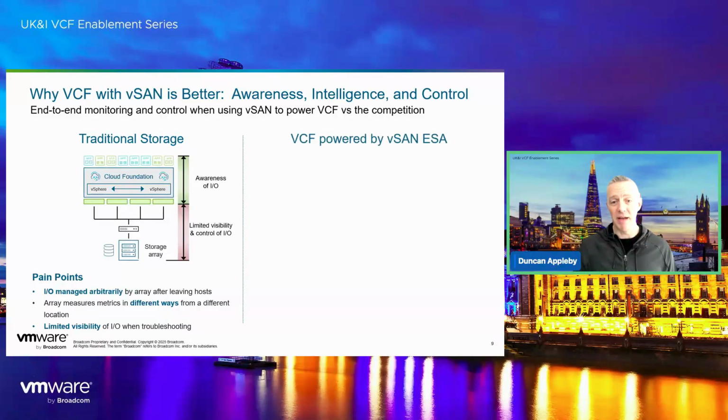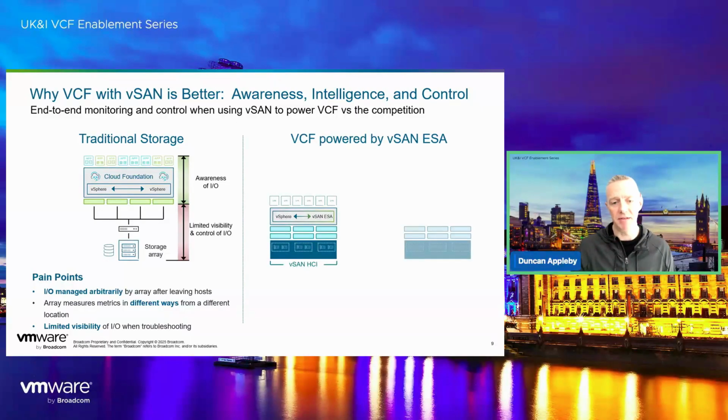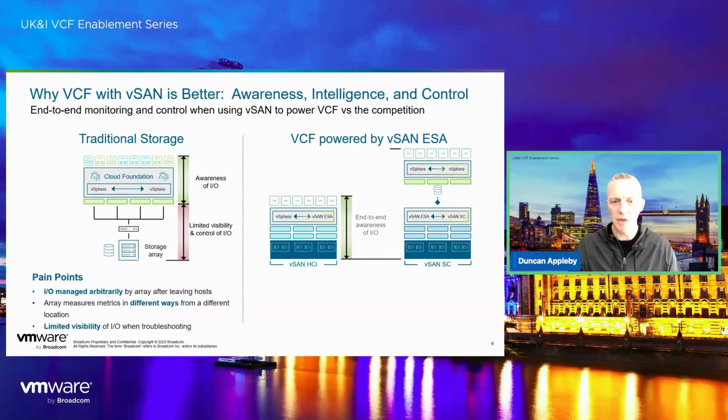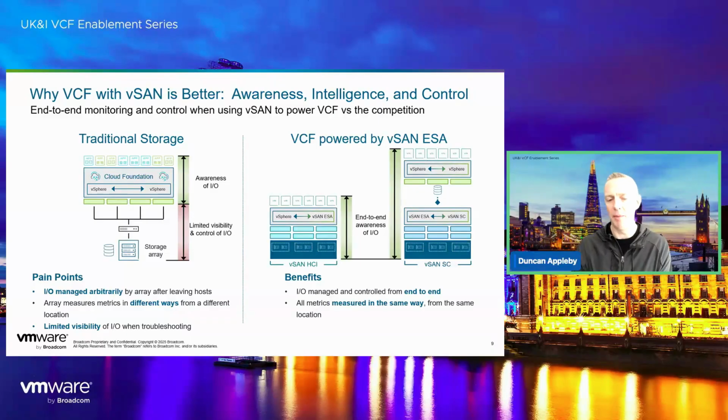From an HCI perspective and from a vSAN storage cluster perspective, we retain full visibility across the entire I/O path. So the hypervisor has a really good understanding of information about the virtual machines as they're reading and writing data. But that doesn't just stop at the network port or Fibre Channel card. When we're writing to disks and across the network as well, vSphere and vSAN retain all of that visibility.